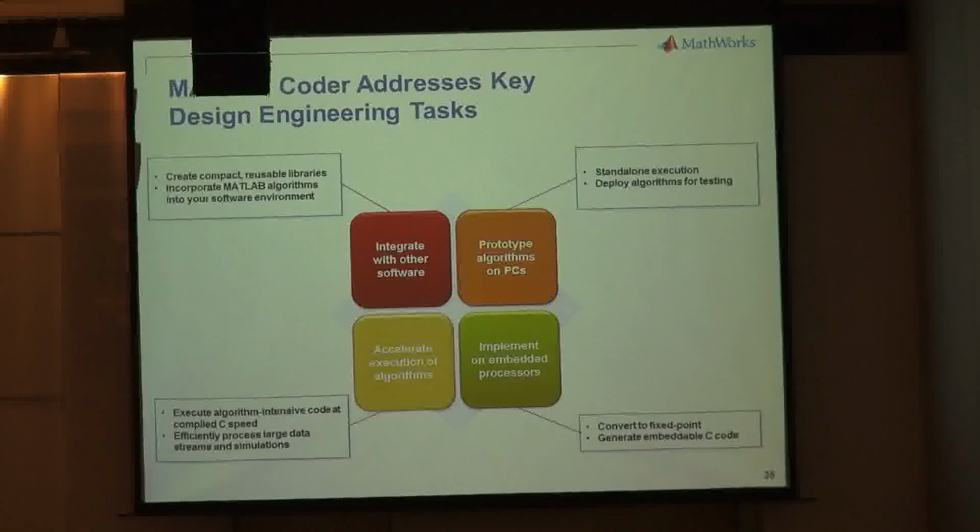So let me tell you the different kinds of C code you can generate from MATLAB. Well, first of all, if you have your own corporate simulator, if you have your own C-based simulation environment, you can integrate the code that comes out of MATLAB Coder. We generate libraries. We generate .lib files. Okay? Compact, reusable libraries. So that's the first use case.